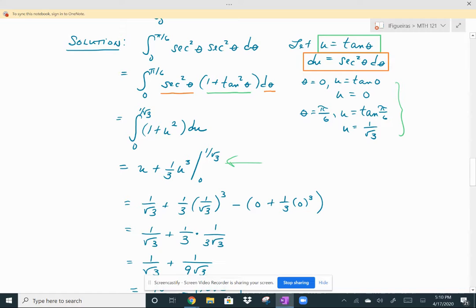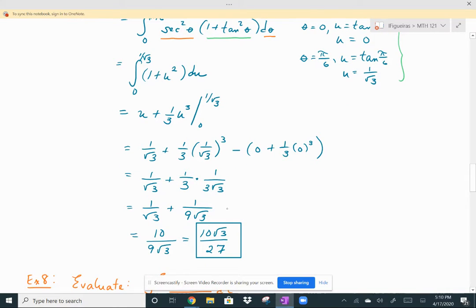Now we plug in our limits. So you plug in your upper limit first, minus your lower limit, and don't forget you have to distribute that minus according to the fundamental theorem of calculus across. So I put parentheses there. So you end up with 1 over root 3 plus 1/3 times 1 over 3 root 3.